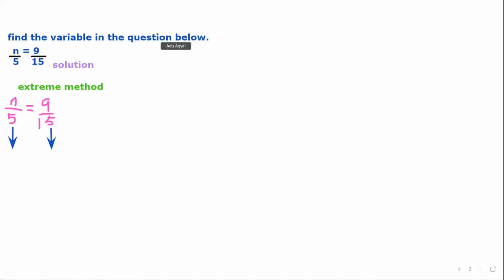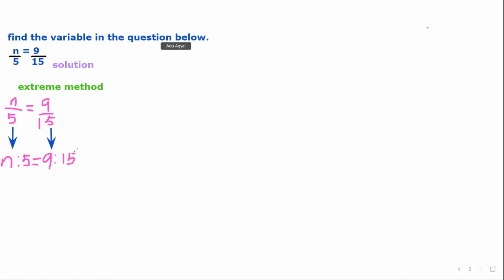So let's try and write the ratio for n over 5. The ratio is n here to 5. Okay, must be equal to 9 to 15.